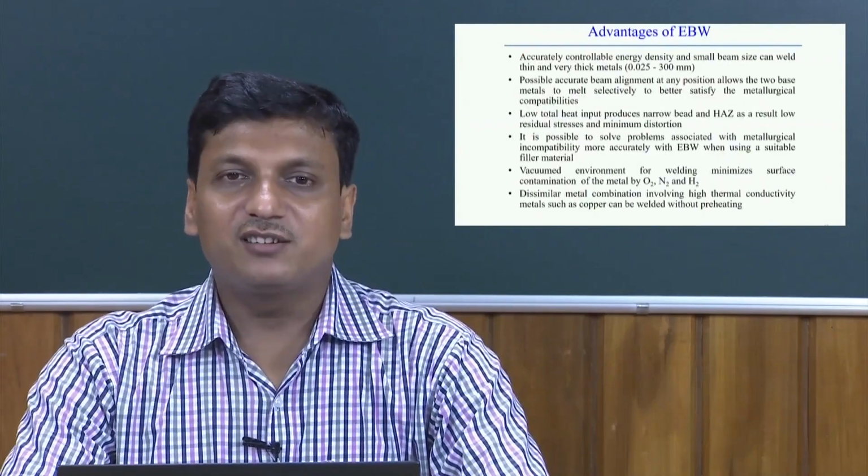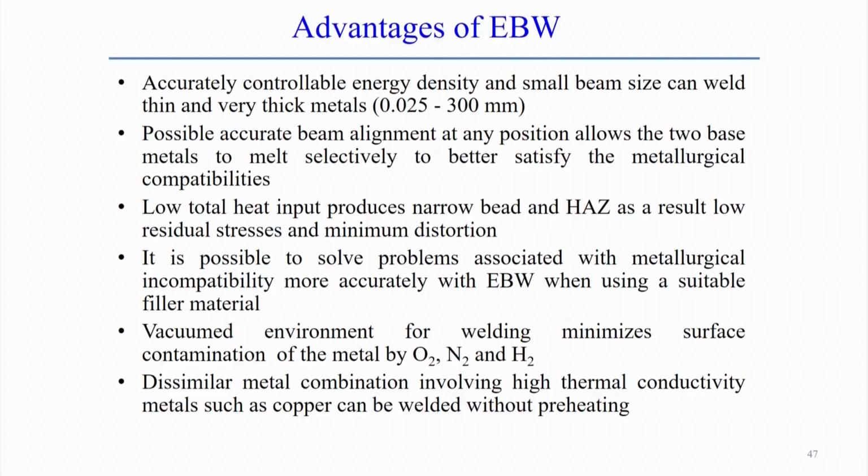Now, in general, what are the typical advantages of the electron beam welding process? Accurately controlled energy density is possible in electron beam welding. That may not be possible with other arc welding processes, and only to some extent with laser welding.